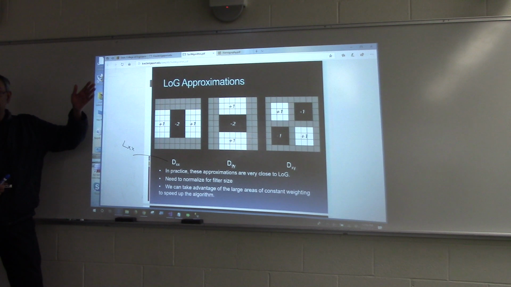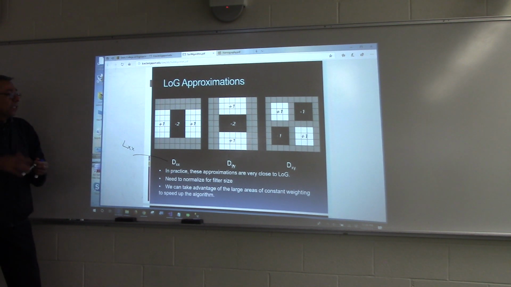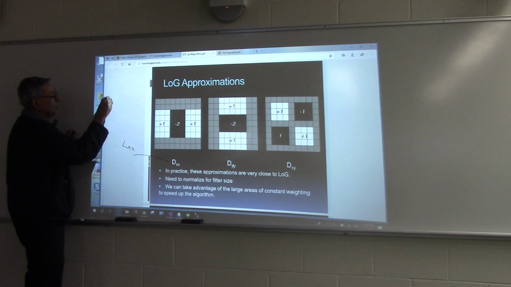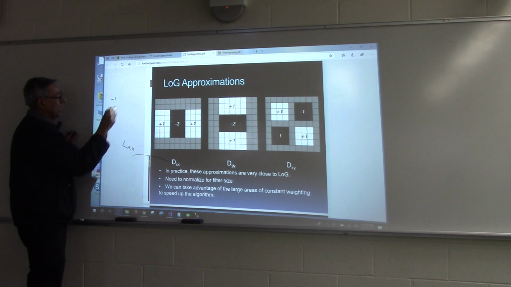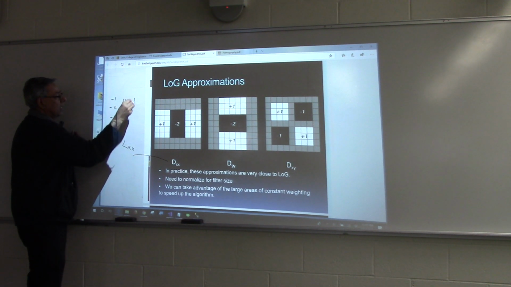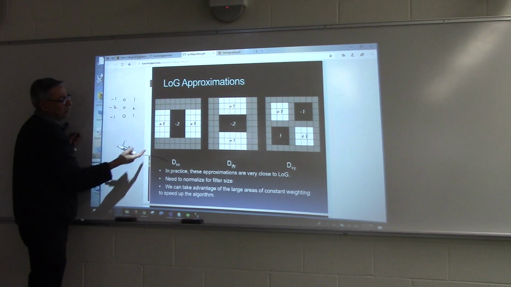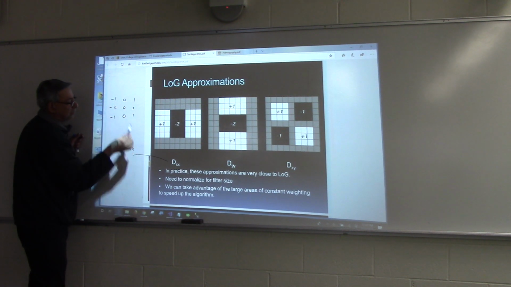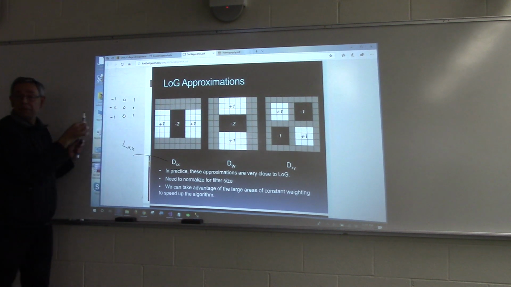Okay, so very similarly, and intuitively, does this make sense? You remember when we did the first order derivative, the Sobel filter, wasn't it like this, with plus ones? So it's sort of similar, because this is a second order filter, not the first order filter.